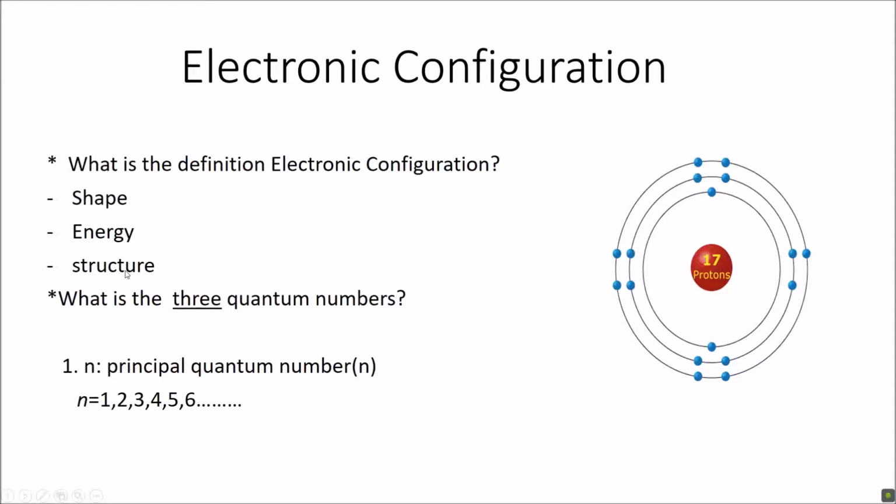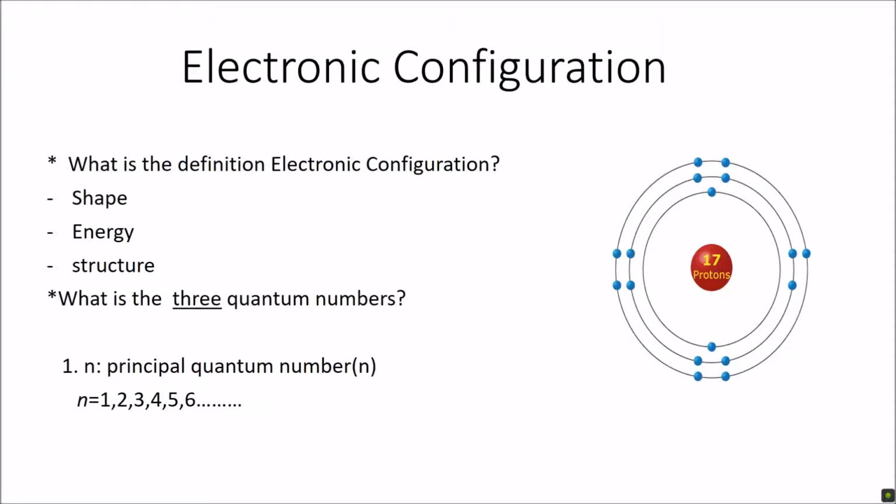Under the orbital approximation, we let each electron occupy an orbital, which can be solved by a single wave function. The wave function is the solution to the Schrödinger equation. By solving this equation, we end up with three quantum numbers.